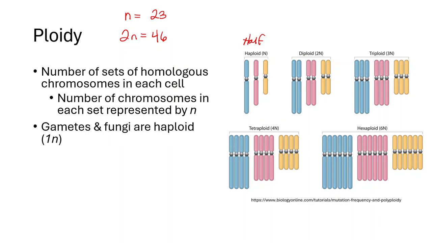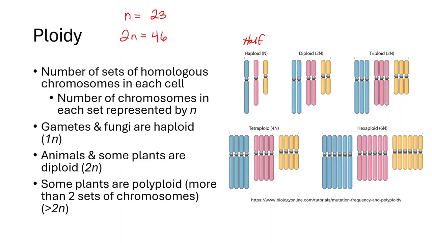Now, I just said that gametes and fungi are haploid organisms. Well, actually, I talked about animals and plants, but gametes, which are, remember, sex cells, and the multicellular form of fungi are haploid. Animals and some plants are diploid, meaning they have 2 sets of chromosomes, so pairs of homologous chromosomes.